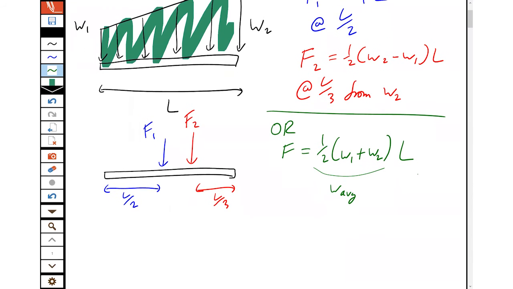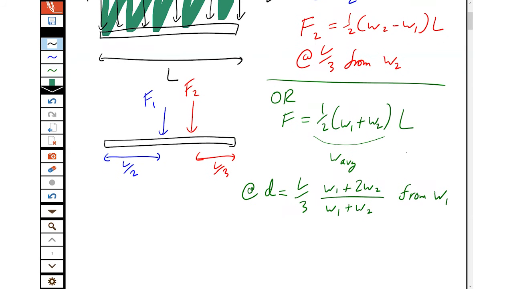And that's located at a distance a third of the length, distributed load 1 plus twice distributed load 2 over distributed load 1 plus 2 from the distributed load 1 end. And if you're doing it that way, you get to replace it all with just one force that distance away.